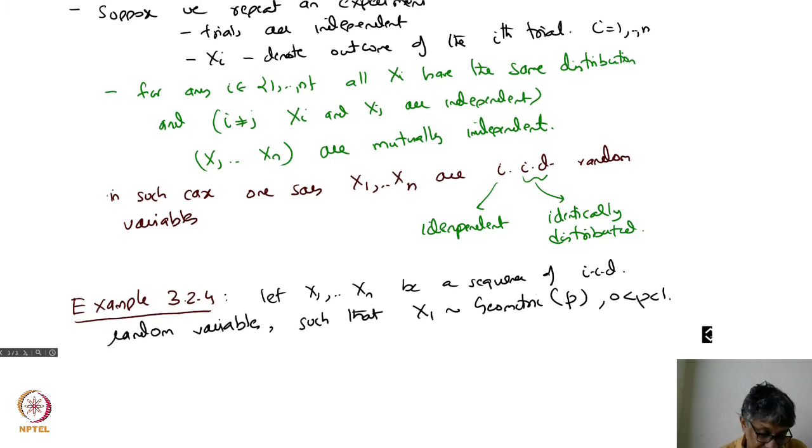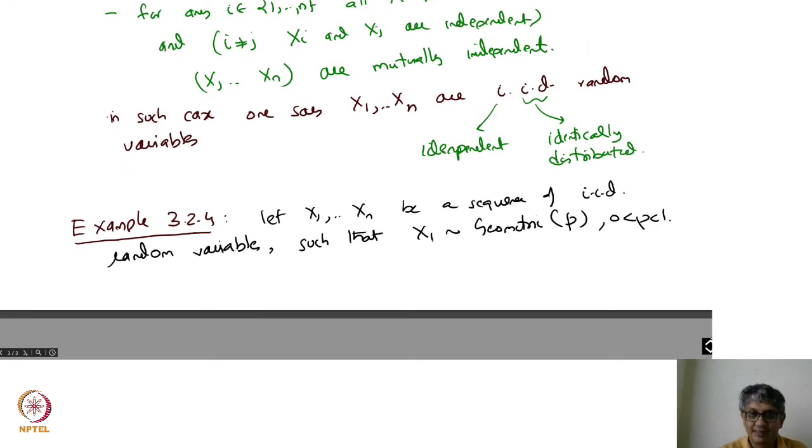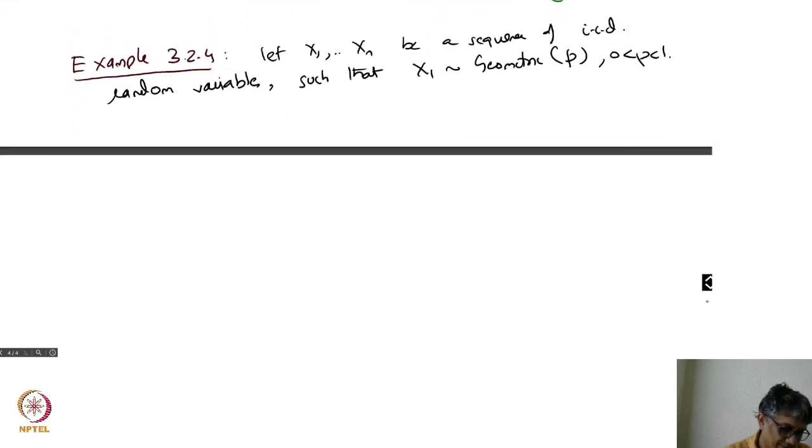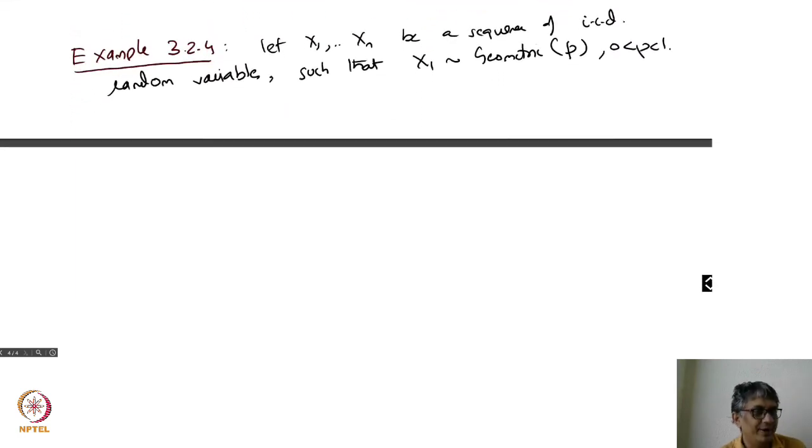But what does this mean? If they're i.i.d., everybody has the same law. That is, all random variables are geometric random variables with parameter p.